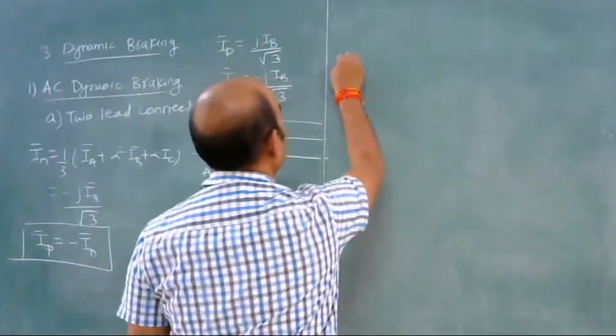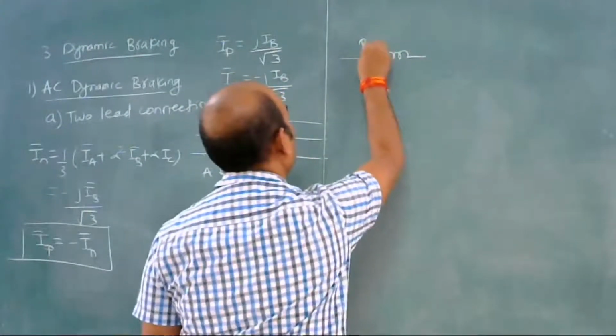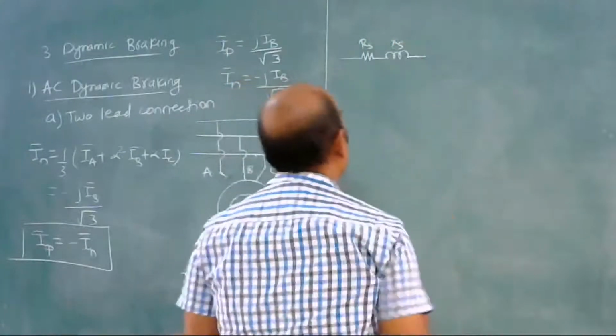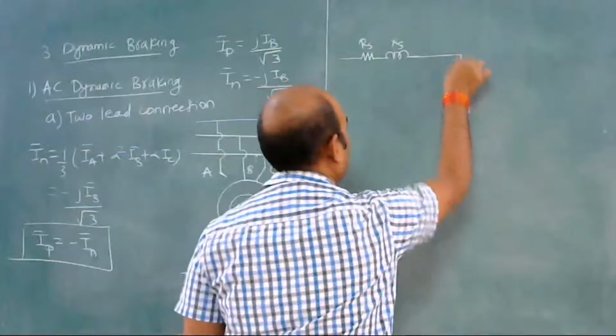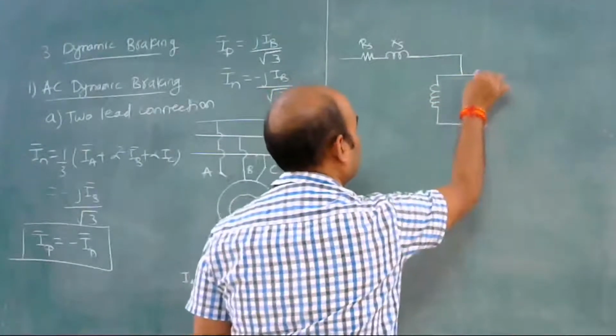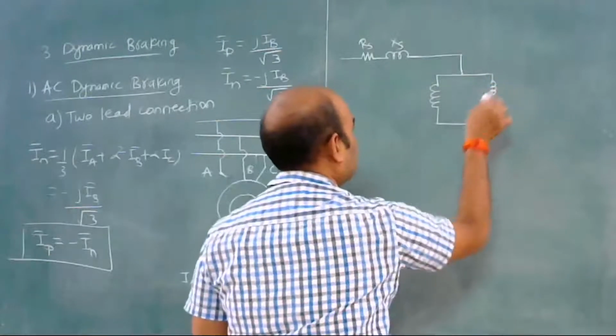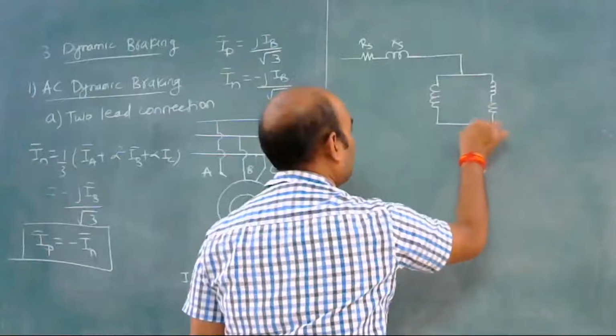So this is the equivalent circuit diagram. This is RS, stator resistance and leakage reactance, and then we have magnetizing reactance. This is leakage reactance of rotor.